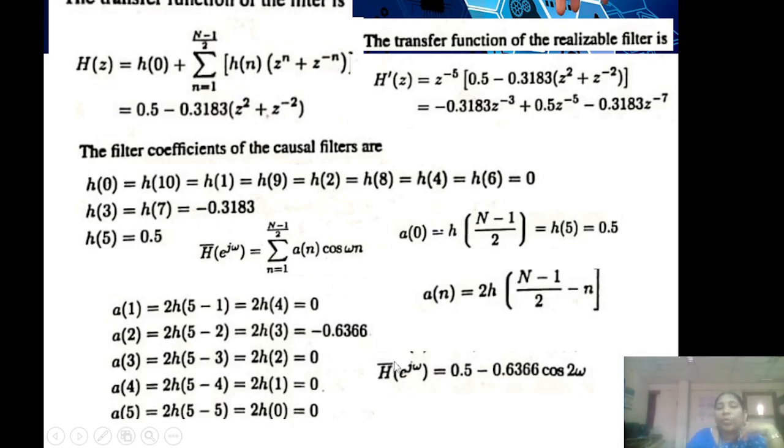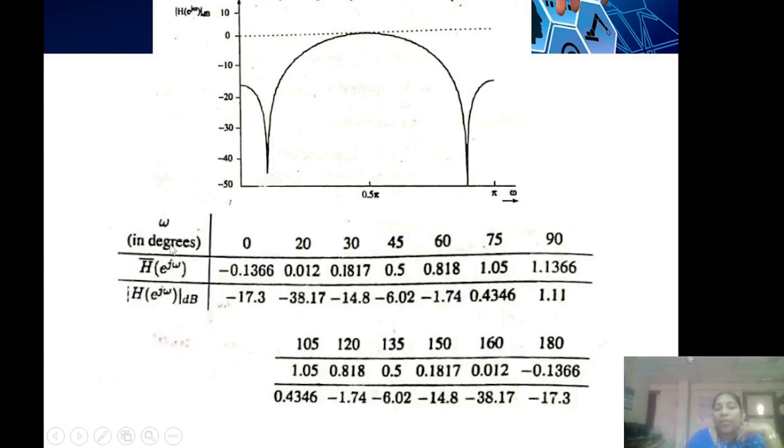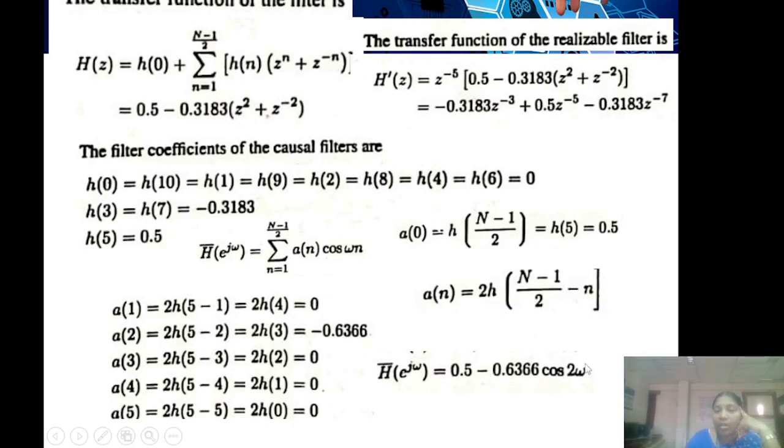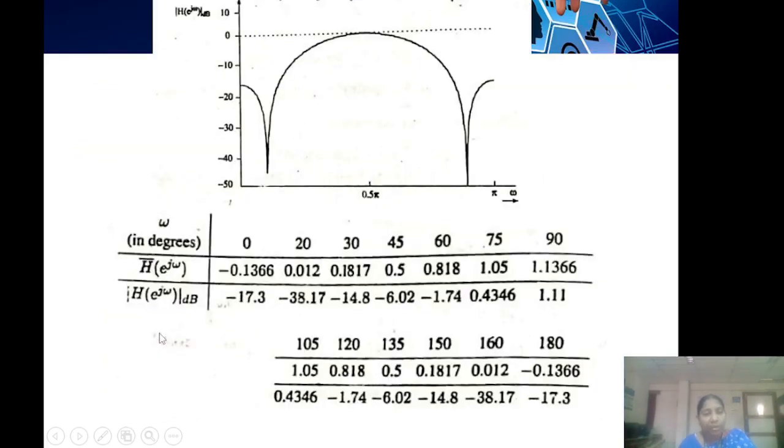After that, vary ω from 0 to 180 degrees and find H(e^jω) using this formula. Then take 20 log of the magnitude to get values in decibels.